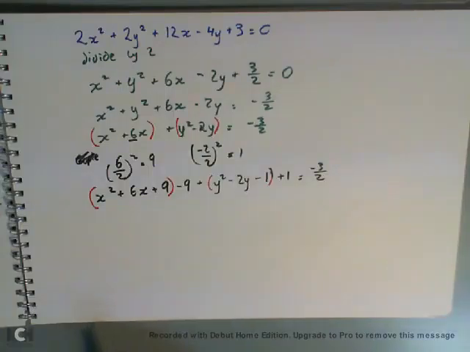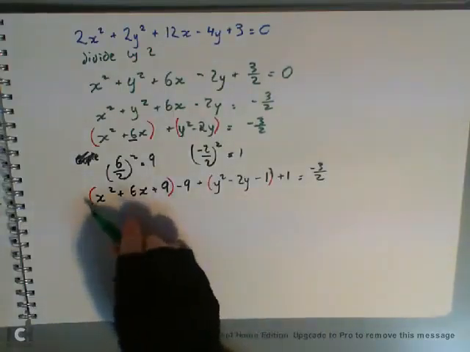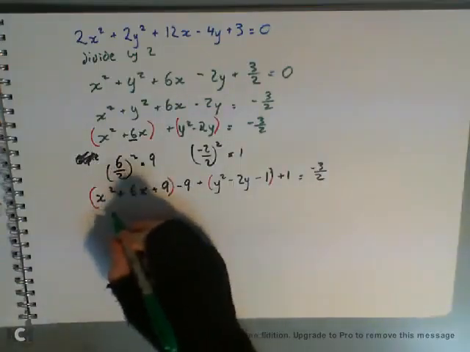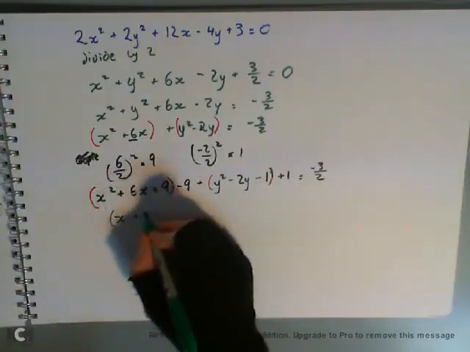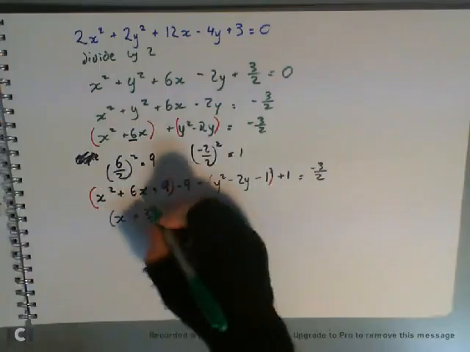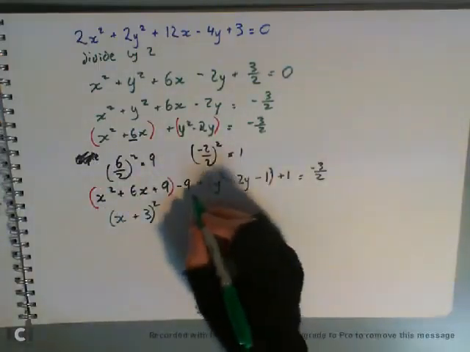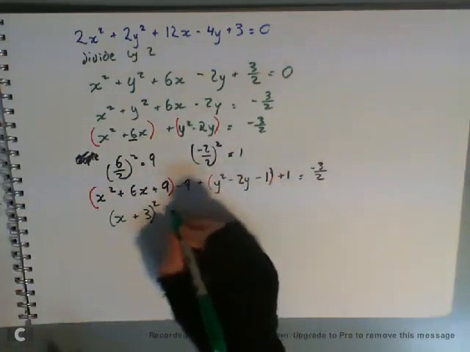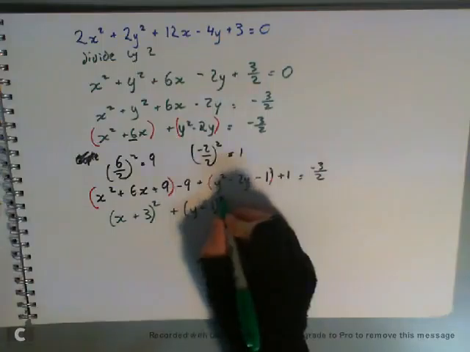So why do we do that? Well, it becomes this here, we can say as x plus 3 squared. I'm going to ignore that for a moment. We'll have plus, and in here we'll have y take 1 squared.